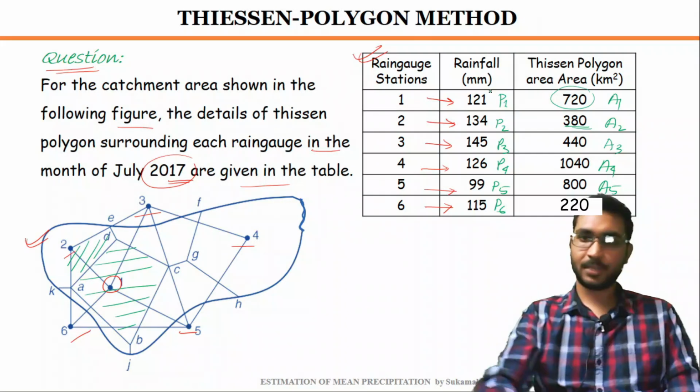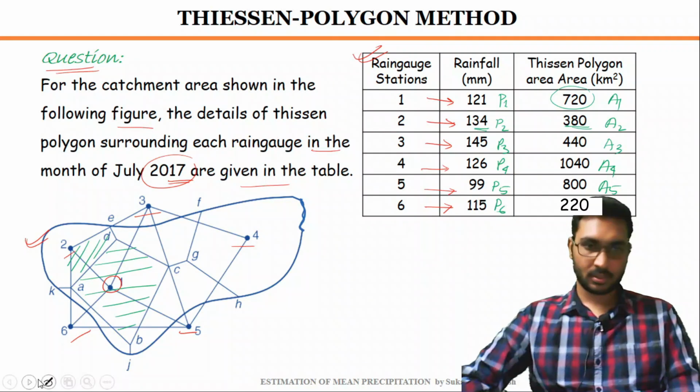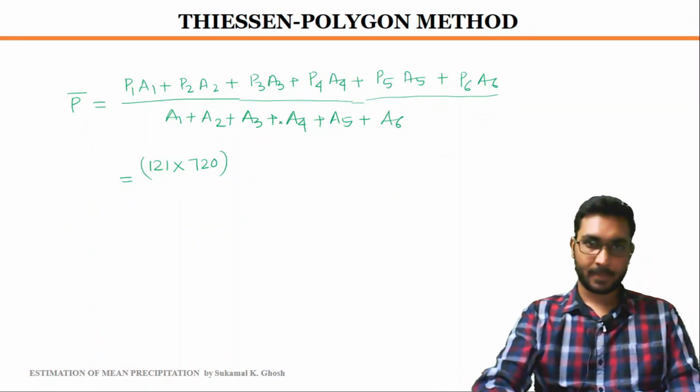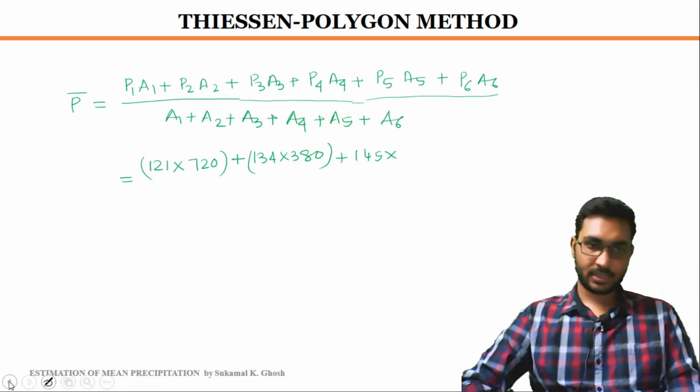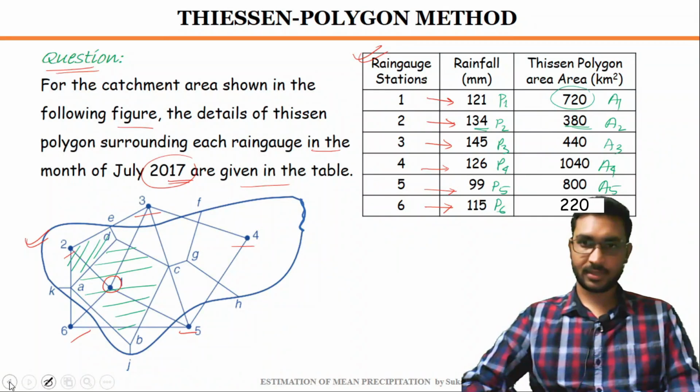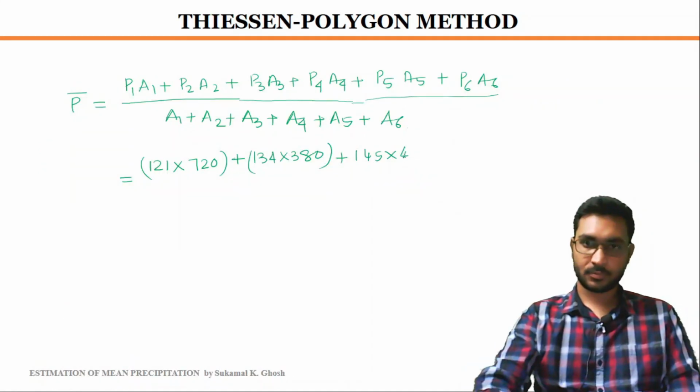Now P2 is 134 and A2 is 380, so let's write it here: 134 into 380. Now P3 is 145 into, let's check what our A3 is. A3 is 440.